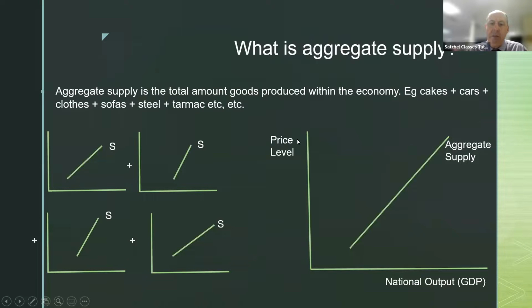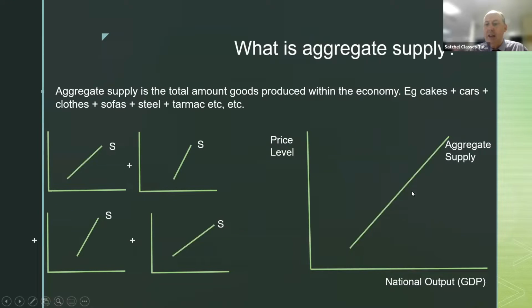You'll notice that price level is measured on the left axis, and on the bottom axis, national output, and we could also put on there national income. So that is the aggregate supply curve. All the supply curves added together across the economy to give one aggregate supply curve.